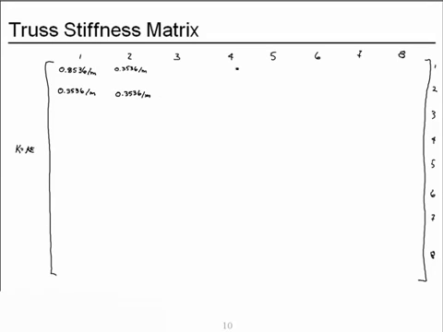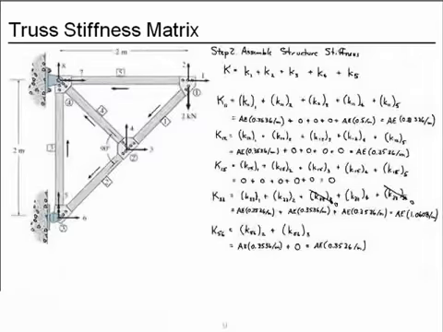Now, this chunk is the forces generated in degrees of freedom 1 and 2 due to deformations at degrees of freedom 3 and 4. The only things that will contribute to this chunk are members that connect degrees of freedom 1 and 2 to 3 and 4.